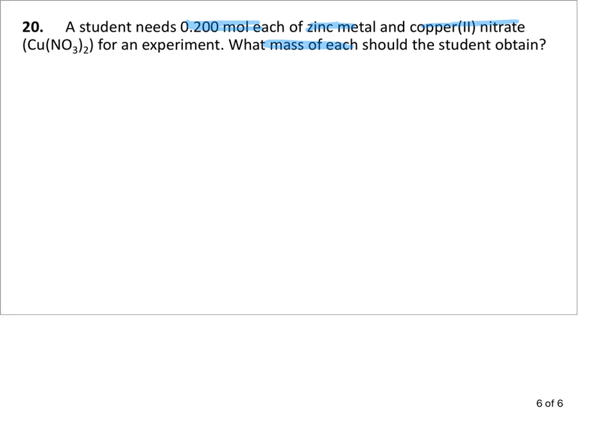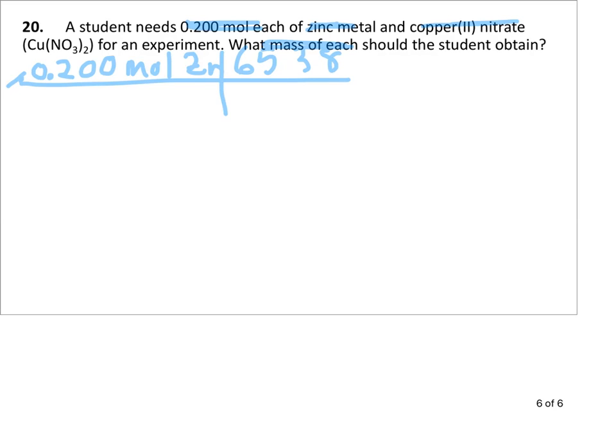We just take the 0.200 moles of zinc, and from a periodic table we find zinc has a molar mass of 65.38 grams of zinc in 1 mole of zinc.